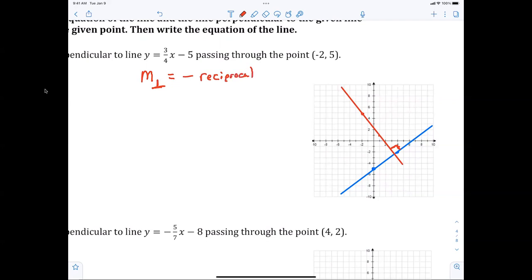So can somebody tell me the slope of the perpendicular line is going to equal what? -4/3. So now you understand that parallel lines have to have the same slope, but perpendicular lines are negative reciprocals. Is everybody okay with that?